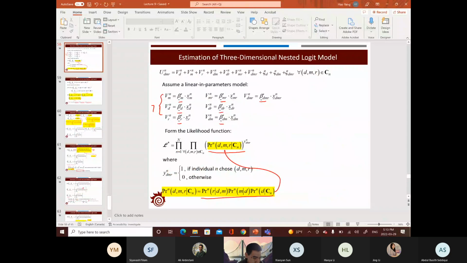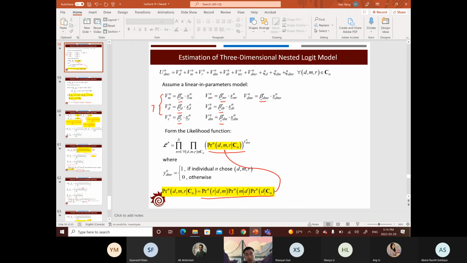For 2 dimensions, you only have 3 equations, but for 3 dimensions, you have 7 equations, and for 4 dimensions, this number will increase exponentially. So it's really hard to conduct the calibration with high dimensions.